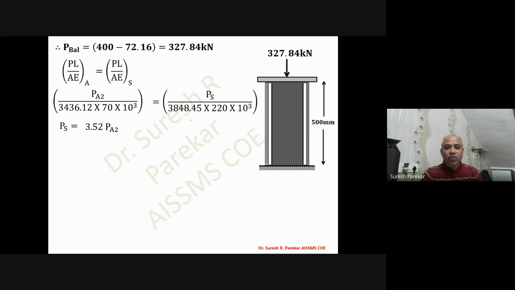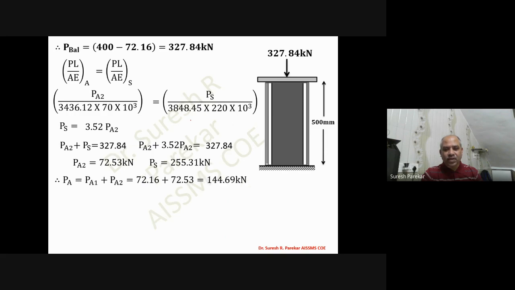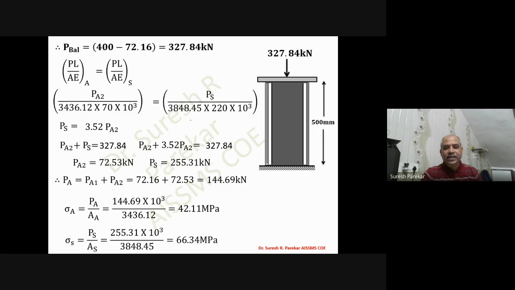But here PA2, and from this we will get the value of PA2, that is equal to 72.35 kilonewton, and PS we have 255.31 kilonewton. So PA total aluminum we will get 144.69, and sigma A we will get PA upon A, 42.11 MPa, and sigma S we will get as 66.34 MPa.